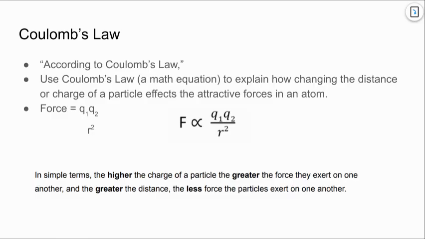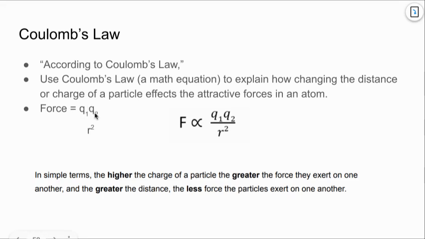What it does is explain how changing the distance or changing the charge of a particle affects the attractive forces of an atom. These Q1, Q2 are going to be the charges of your atoms within a chemical compound. So we're saying what would happen if we changed our charges from +1, -1 to maybe +2, -1.